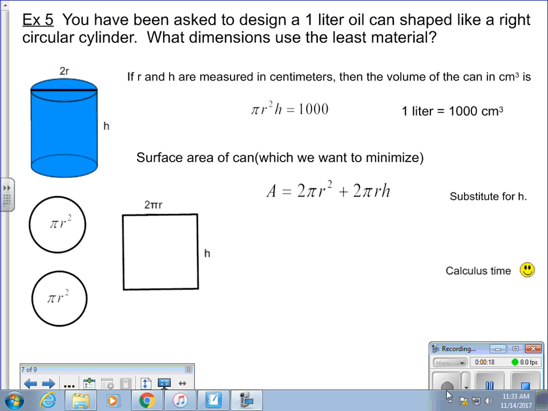Remember, maximization. You have to read the problem. What are we trying to maximize? Figure out what that is, or minimize, as the case may be. We need to find an equation that works. We need to make sure that equation is in one variable. You can't do it with two variables. We will deal with multivariable stuff later on.